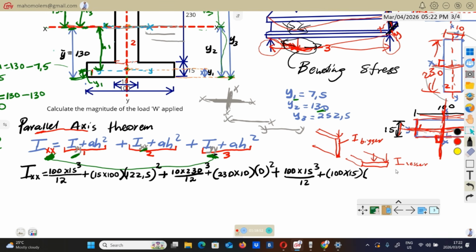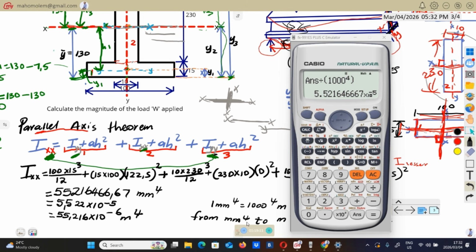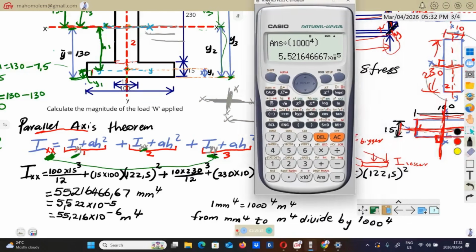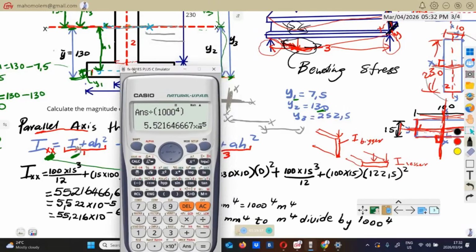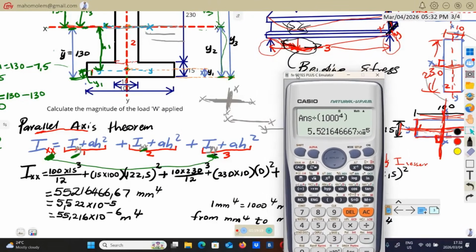H squared, which is H3, is 122.5 all squared. So now you can press the calculator and see how much you get. Good. So after pressing your calculator, that's what you are going to have. That is your IXX.